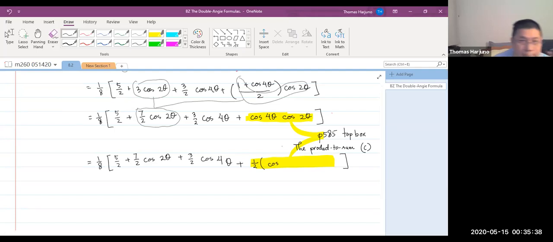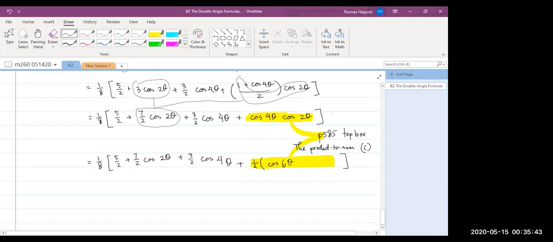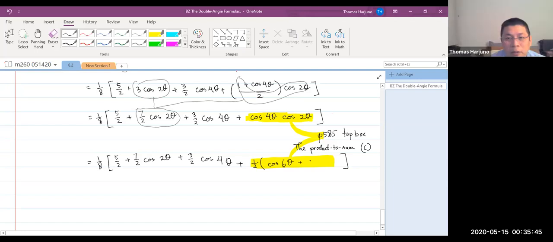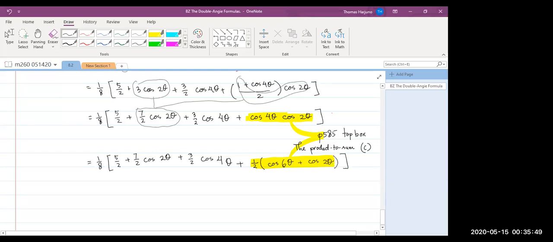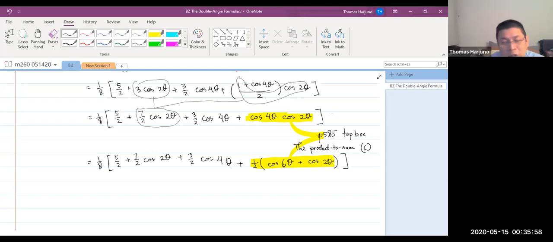Cosine sum, right? The sum is 6 theta plus cosine difference plus cosine 2 theta. Oh, okay. I thought that we were going to put them separately, but now it's okay. You can distribute the 1/2 later on, okay?